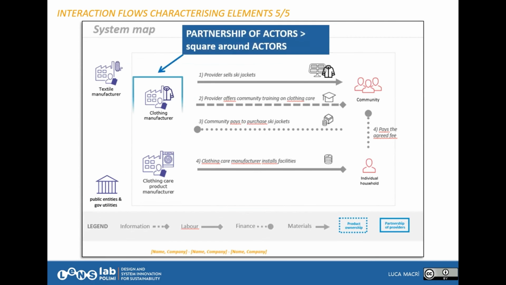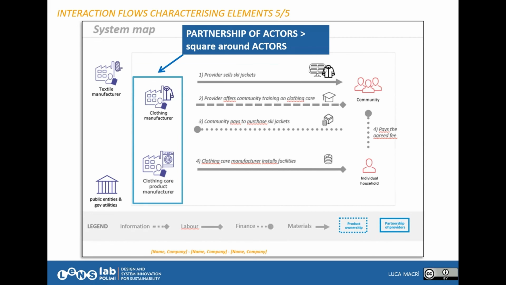One last part is the full color rectangle in which you identify partnerships. If you are imagining a very strict relationship, a bit more than just an exchange of materials or whatever, for example, if we make this rectangle around these two stakeholders, we are assuming that the interactions you see in the middle involve them as a whole.